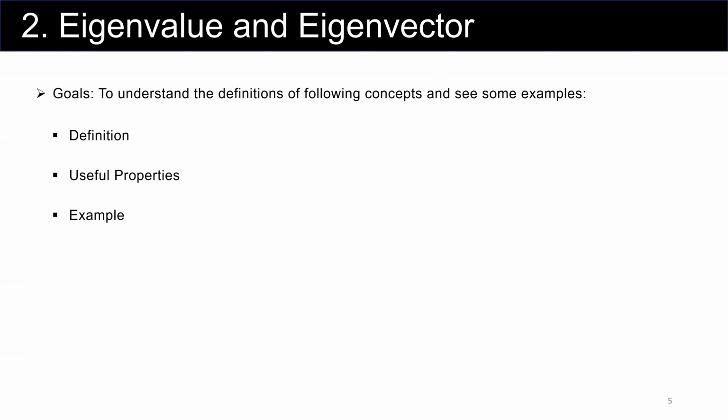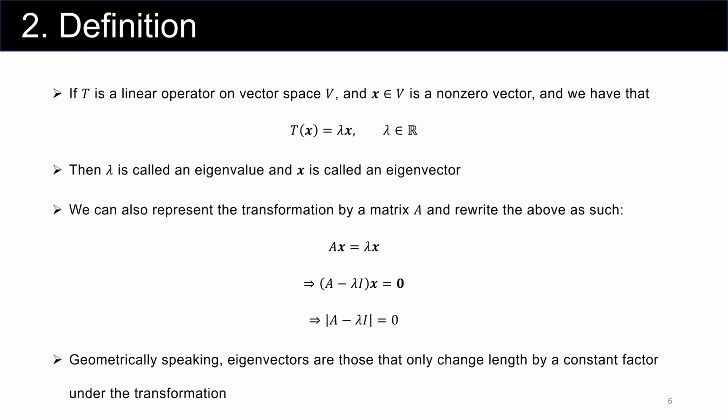So the goal of this part is to identify and understand the definitions of eigenvalues and eigenvectors, see some of the useful properties and interesting features of eigenvalues and eigenvectors, and finally see some examples of how we can calculate eigenvalues and eigenvectors for a given matrix.